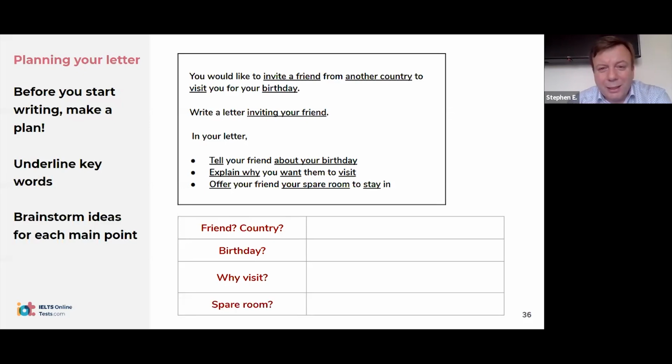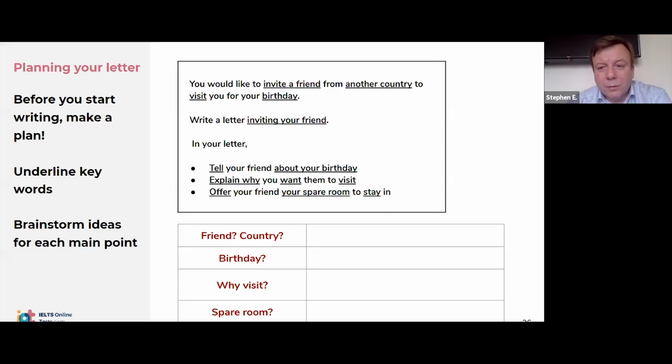And then spare room. What would you say about the spare room? Large, okay, yeah. Offer accommodation. Don't worry about the accommodation. So you can stay, yeah, okay, good, good.